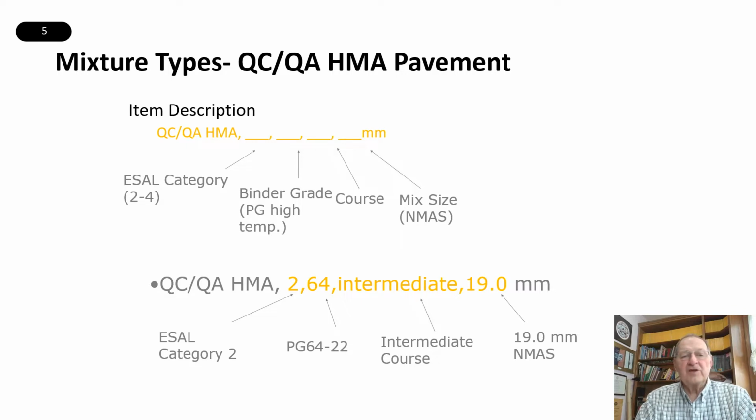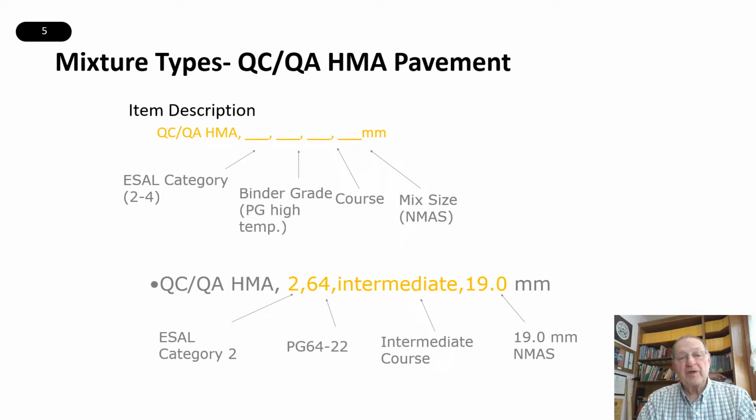The information about which specifications apply is embedded or encoded into the item description. So there will be QC/QA HMA, comma, and then there will be a space for ESAL, and it'll be ESAL category 2, 3, or 4.